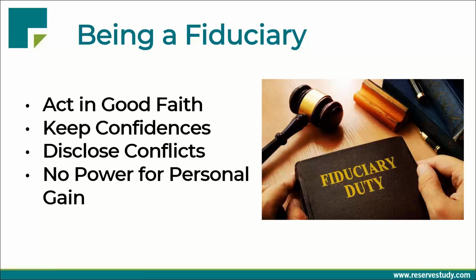Or once the report is prepared, you find fault with all points of it because, again, you do not want to see that amount added to the budget, either because you can't afford it or you're afraid of the effect on the sales of the units if your assessments go up in relation to surrounding properties in order to fund the reserve account.